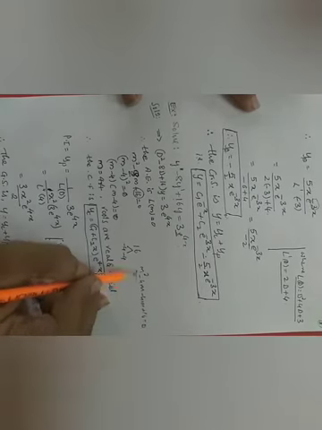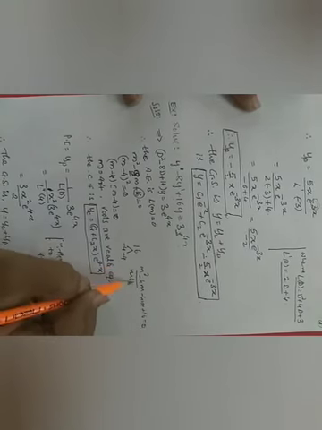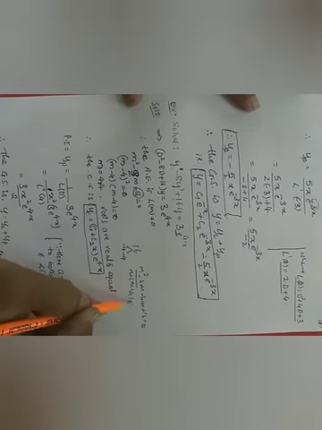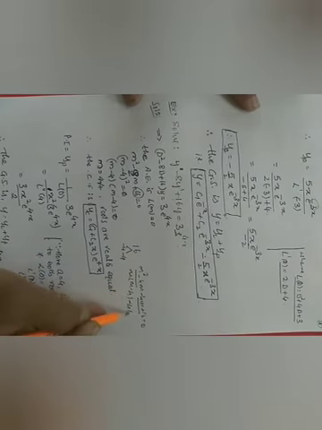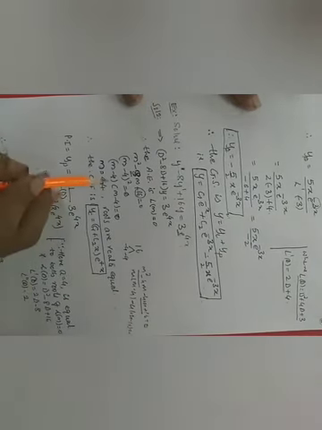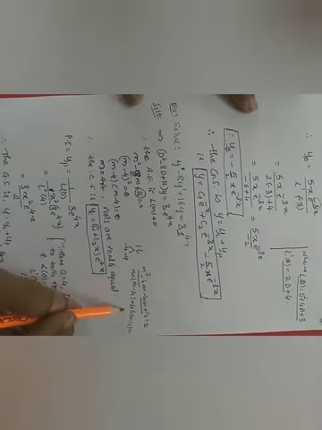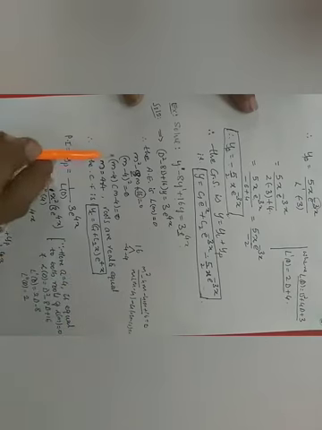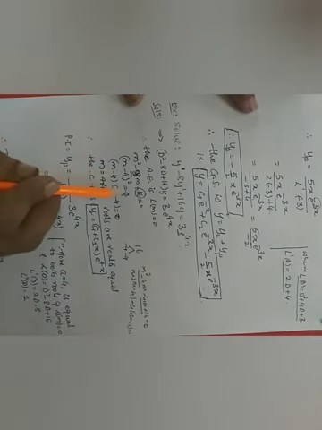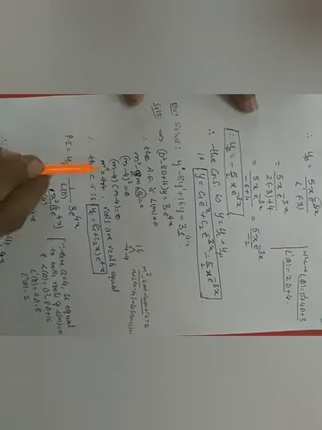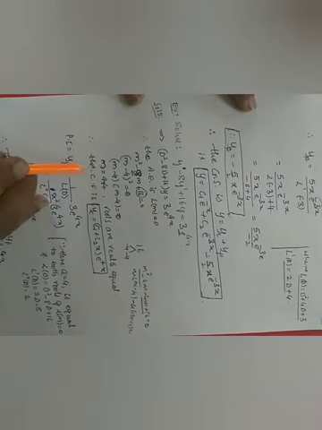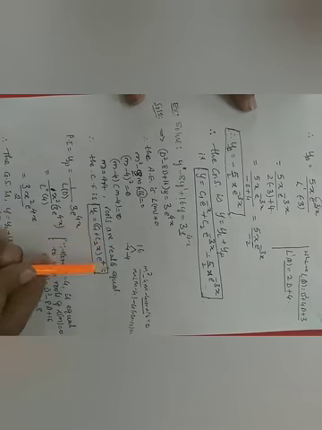Taking m common from the first two terms, this becomes m minus 4, and from the last two take minus 4 common, you will get m minus 4, which is equal to 0. After simplification you will get m minus 4 into m minus 4 is equal to 0, or m minus 4 whole square is equal to 0. Making these factors equal to 0, you will get m is equal to 4, m is equal to 4, that is, the roots are real and equal.